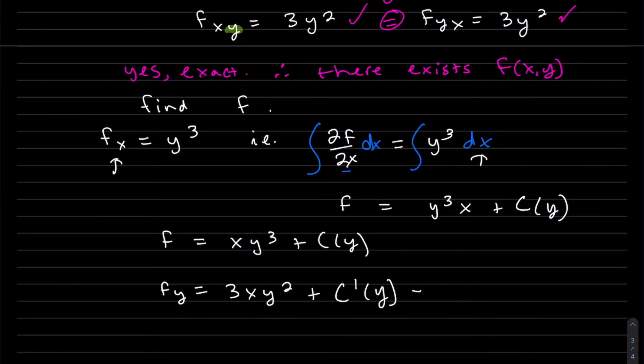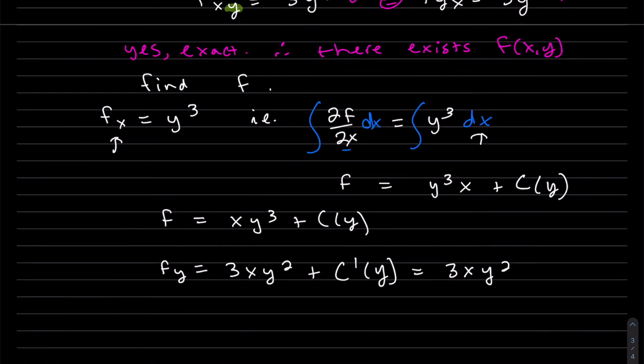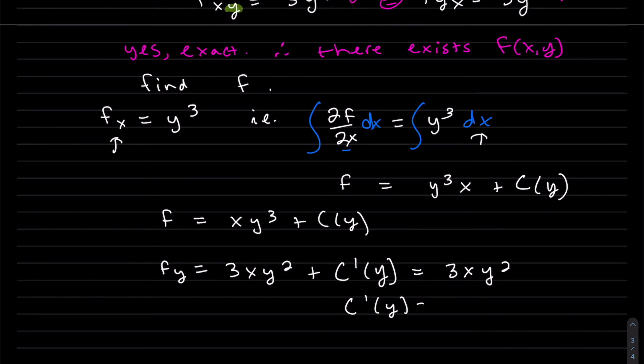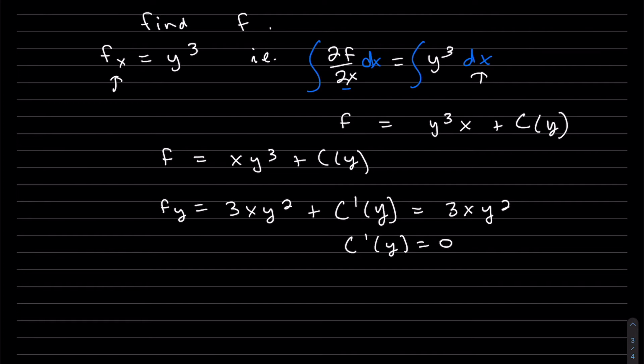But we also know what f of y is equal to: 3xy squared. Looking at both sides, since 3xy squared is there, what does that tell you about c prime of y? You just subtract it, and c prime of y is equal to 0.